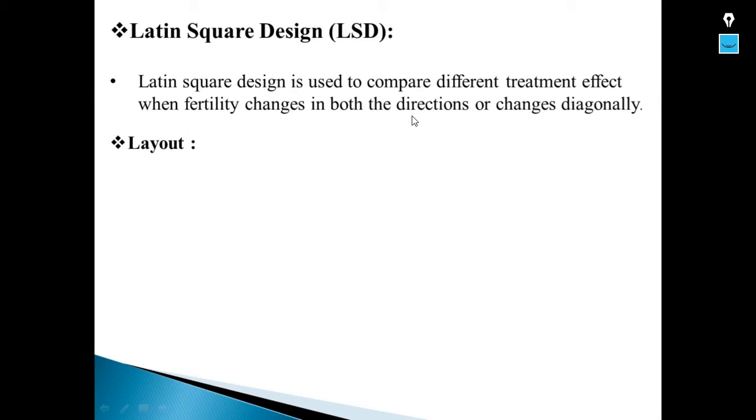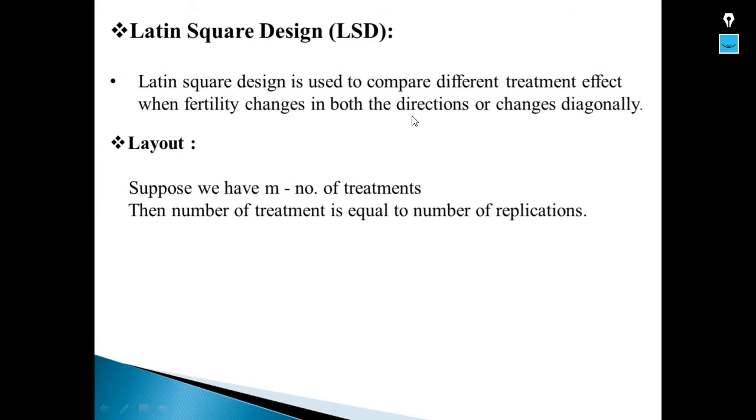So let us discuss the layout of this design. Suppose we have m number of treatments. Suppose we want to compare m number of treatments, then this number of treatments is equal to the number of replications. It means if we have m number of treatments, then we repeat each treatment m number of times.